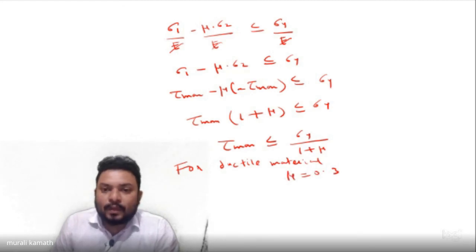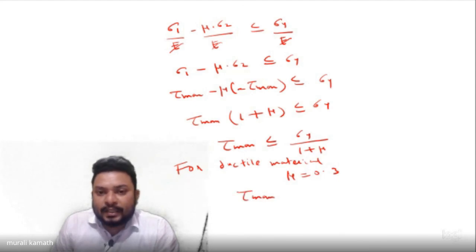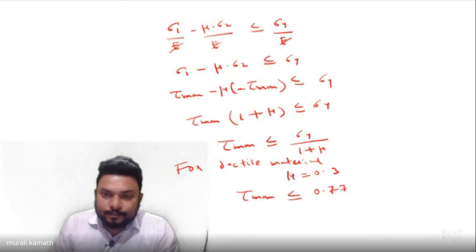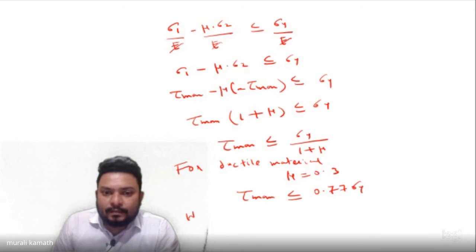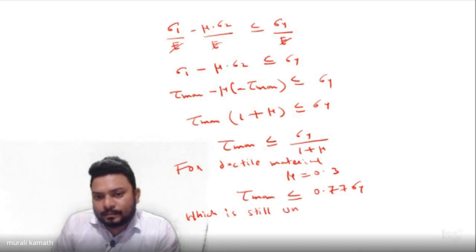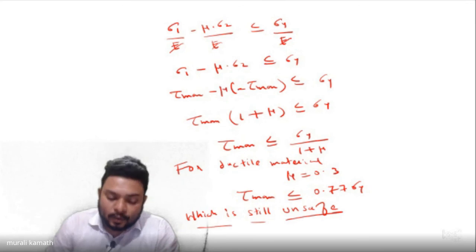Okay, so we'll put over here. So that will be tau max less than or equal to 0.77 sigma y, which is still unsafe or not safe, right? You can understand from here.